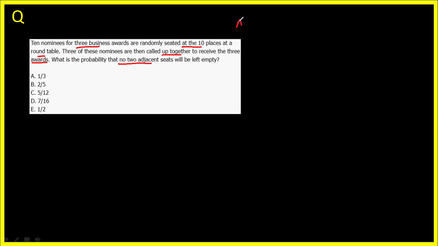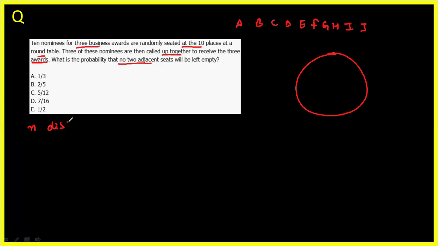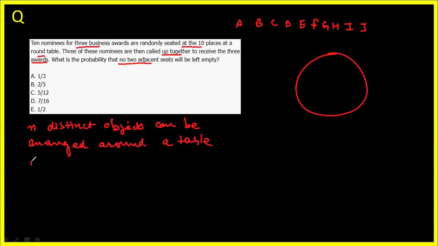Let's consider that there are 10 people, A, B, C, D, E, F, G, H, I, and J. These are 10 people who are to be seated around a round table. In how many ways can these 10 people be seated around the table? Now we know that n distinct objects can be arranged around a table in n minus 1 factorial ways.